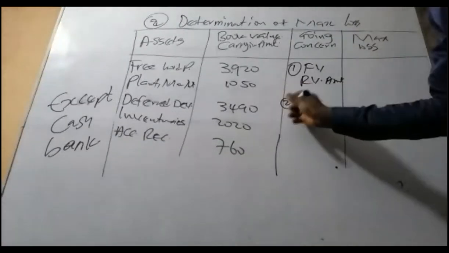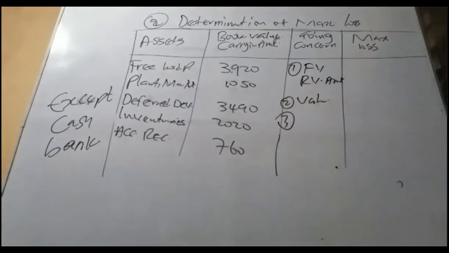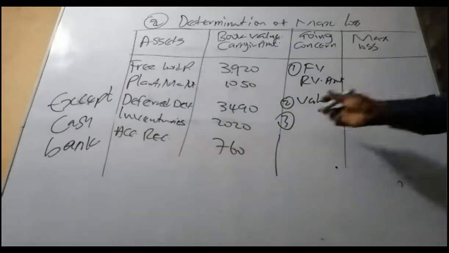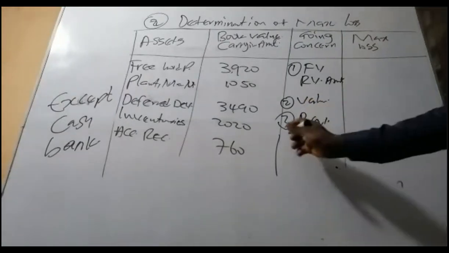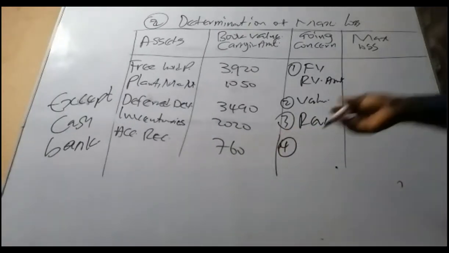Number two, value in use. Number three, the recoverable amount. Number four, NRV.